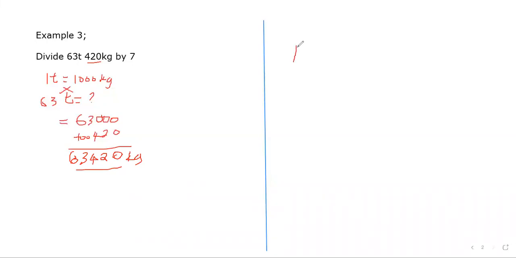So I'm going to draw again the long division sign, and I'm going to write 63,420, which is being divided by 7. So I'm going to write 7 outside here and have 63,420. So I'm thinking about a number that can divide this number. 6 is less than 7, so I'm going to pick two numbers.